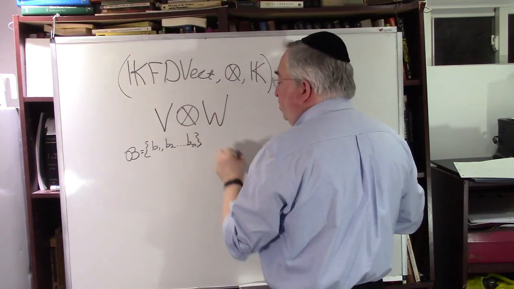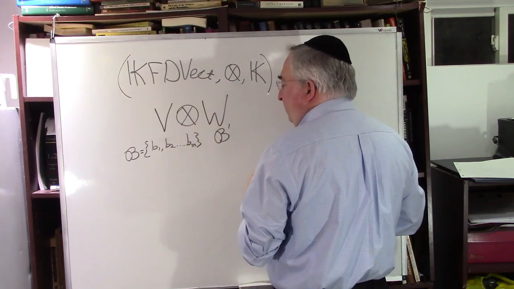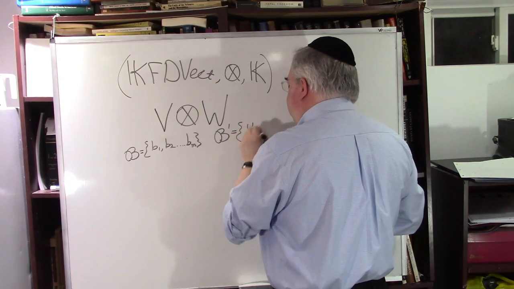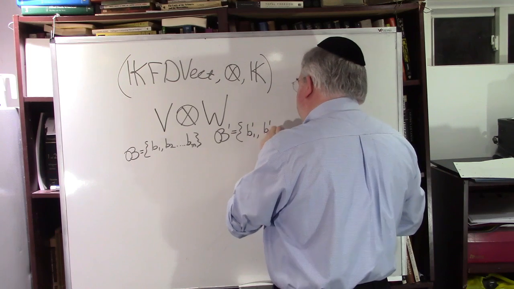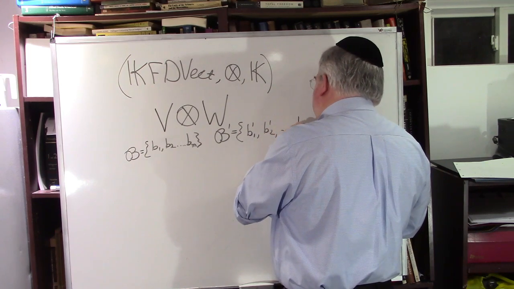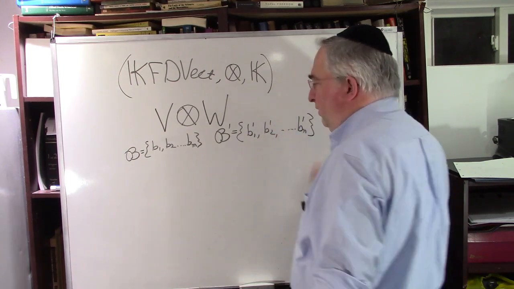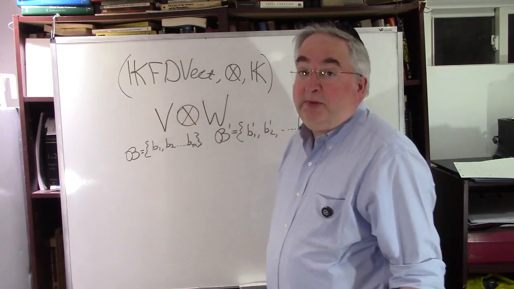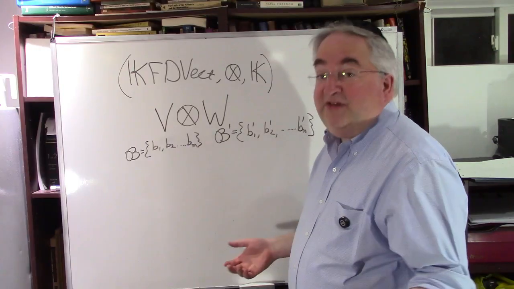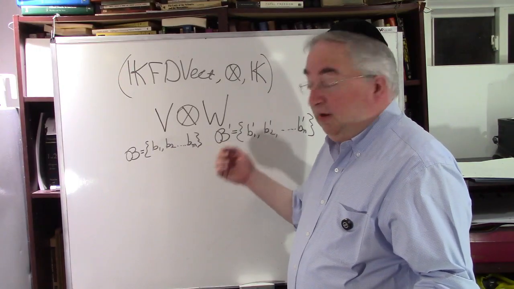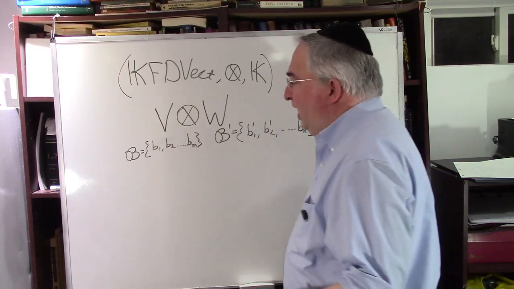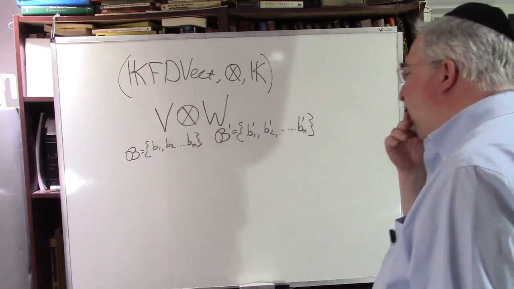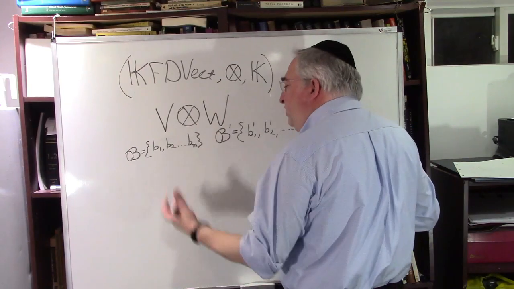And let's say W is generated by a basis, B prime, equal to B1 prime, B2 prime, up to Bn prime. Now I want to generate this thing from a basis. It's a finite dimensional K vector space, and I have to tell you what the elements are. First, I have to make new elements.